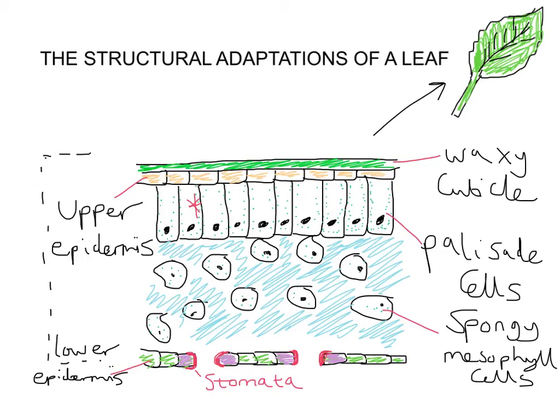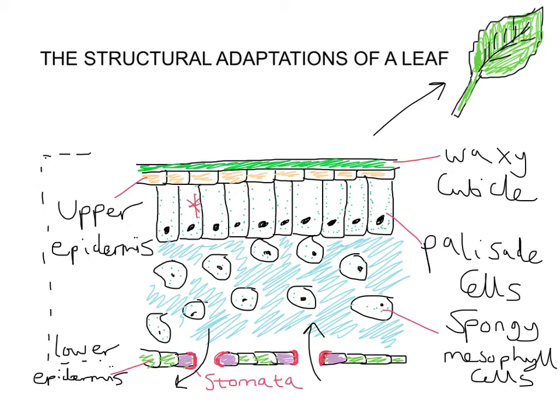And they are able to allow, or to open up essentially, to create this hole. And through this hole, through this stoma, gases can simply diffuse in or diffuse out. And clearly for a leaf, it's kind of got to weigh up how often or frequently it's going to open those stomata, because you can lose water through them.